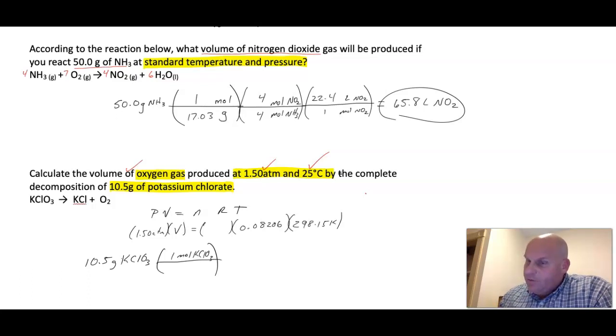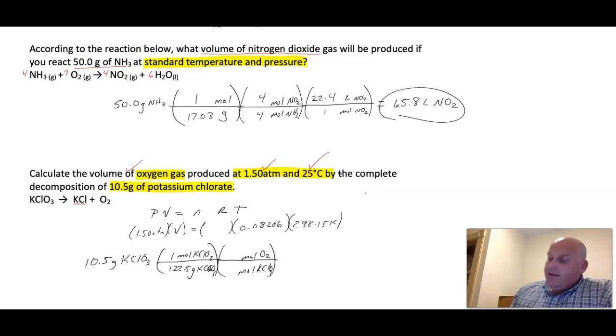Okay, so first I'm going to use the molar mass here, 122.5 grams of KClO3. And then I'm going to do my molar ratio step, and I'm going to go from moles of KClO3 to moles of O2. Now, before I can fill that in, I obviously have to go back here and balance my chemical reaction.